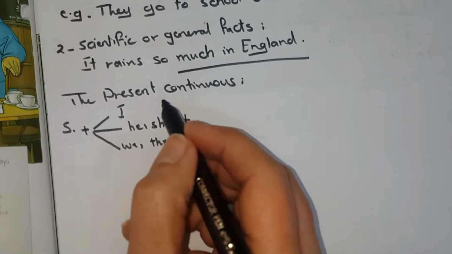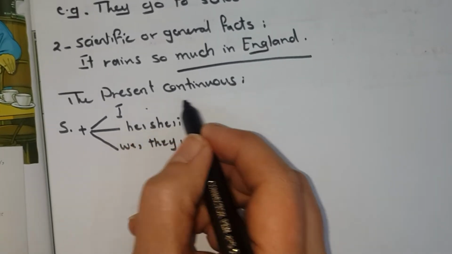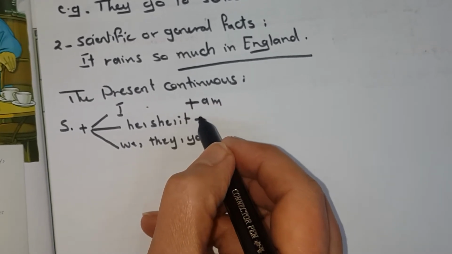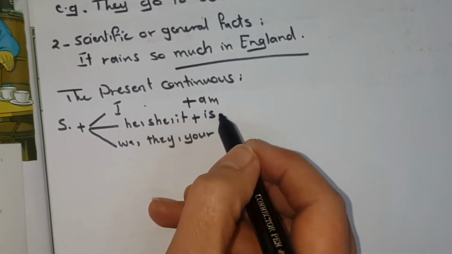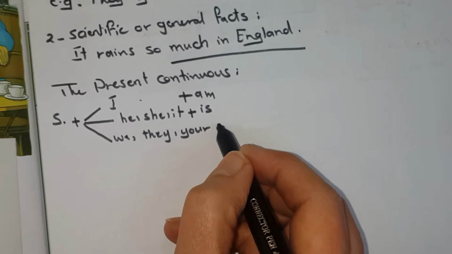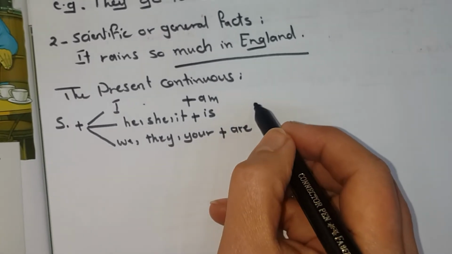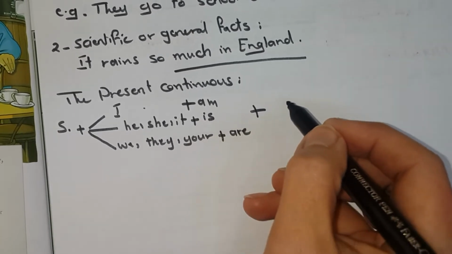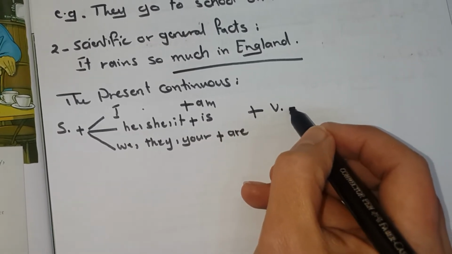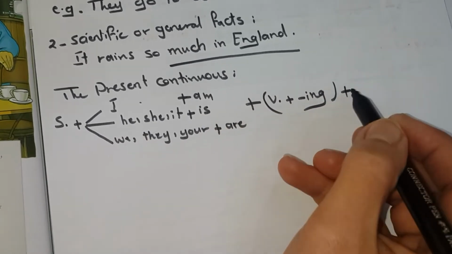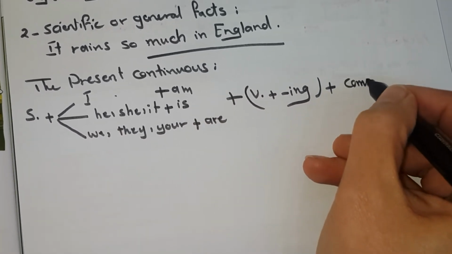In the present continuous mood, I is always followed by am. He, she, or it are followed by is, and those are followed by are. After that comes the verb with ing, as we call it ing participle.